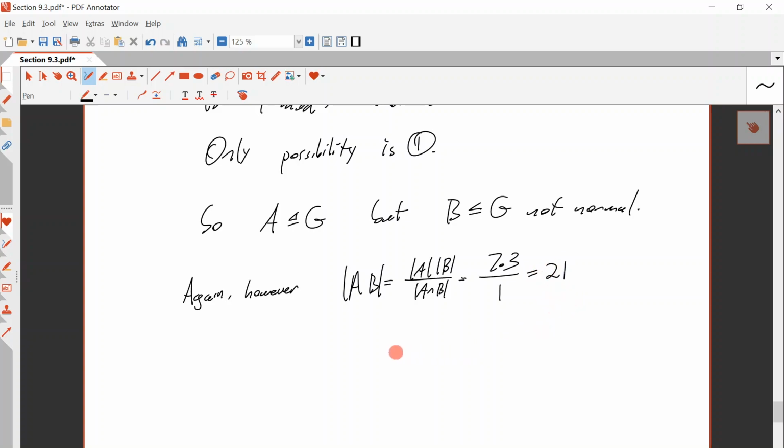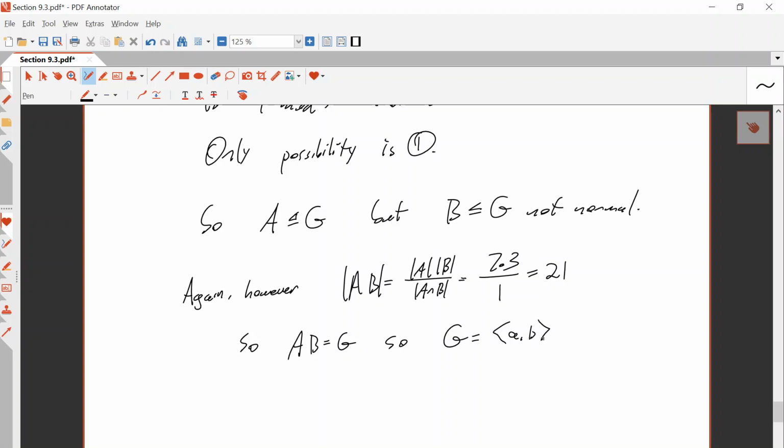So it's 21. So AB equals all of G. So G is generated by little a and little b.